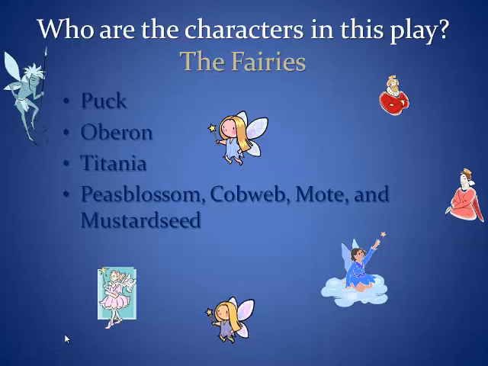He is Oberon's jester, a mischievous fairy who delights in playing pranks on mortals. Oberon, the king of the fairies. Titania, the beautiful queen of the fairies. Peaseblossom, Cobweb, Moth and Mustardseed are the fairies ordered by Titania to attend to Bottom after she falls in love with him.